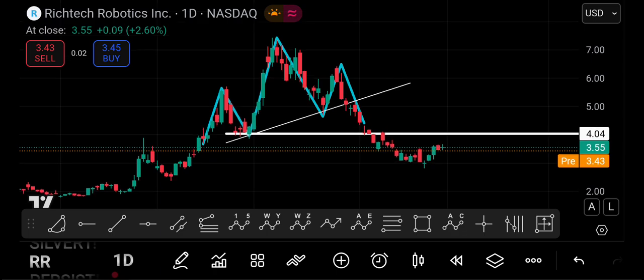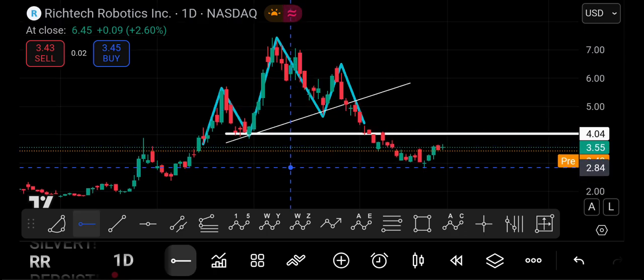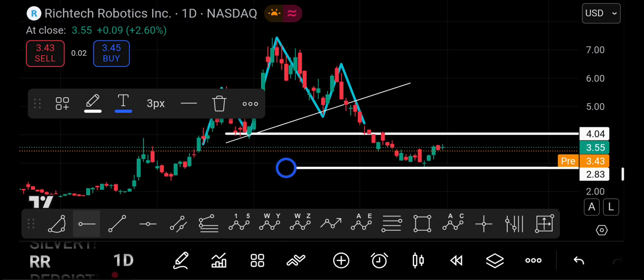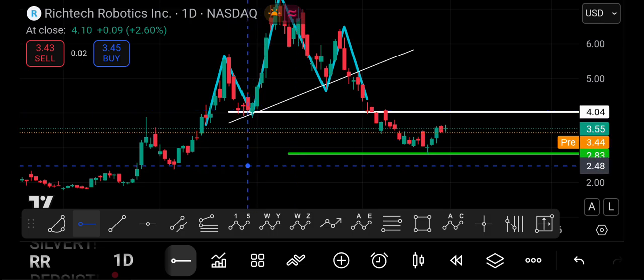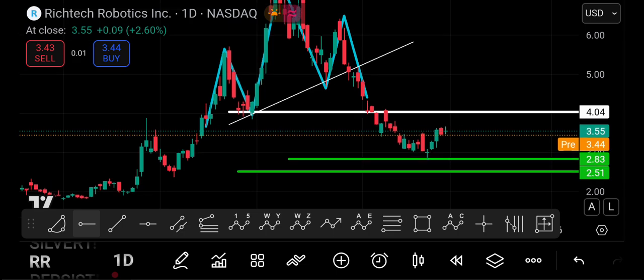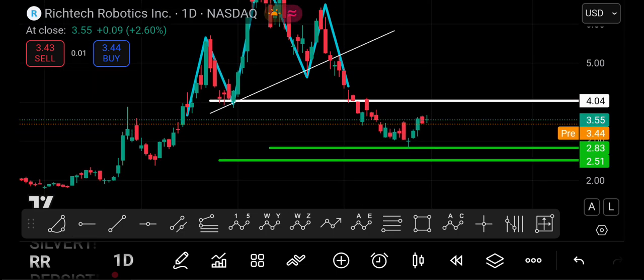The downside target was, if you see, the first target is almost already done here, because this was the nearest support on the downside, and the second target was somewhere around 2.50, but it's a very rare chart. But now if you are on the short side, you first have to watch for a level where the stock will start the upside journey.